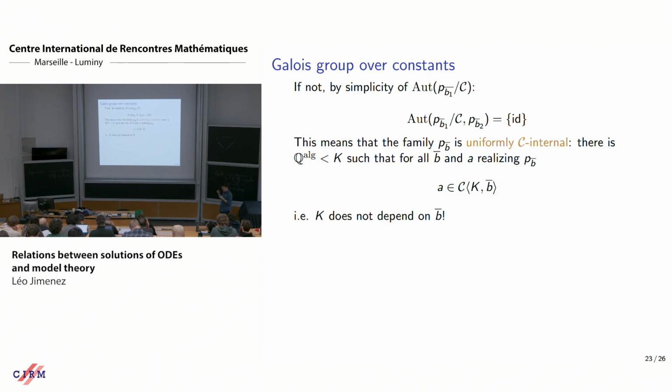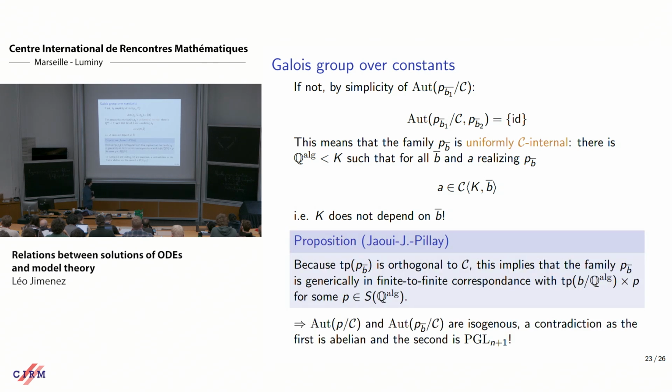And so really the point here is that K does not depend on B bar. Because I know all these fibers are internal, so I know I can find such an extension for any fiber, fiber by fiber, but here I can do them all at once with just one field. So this is the key point here.